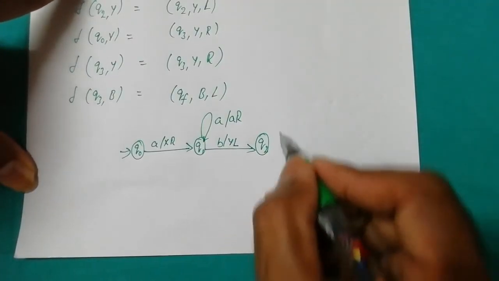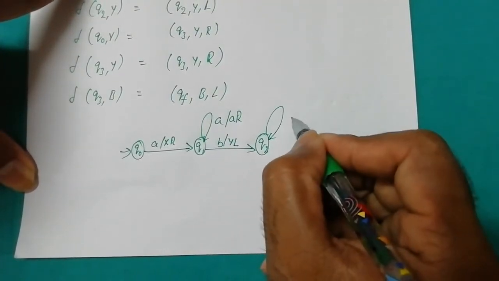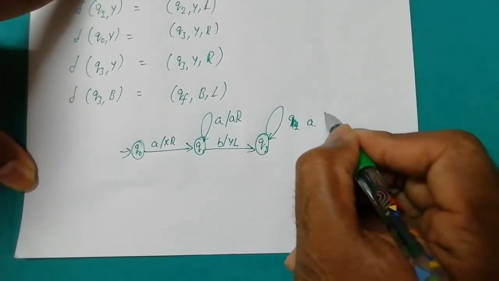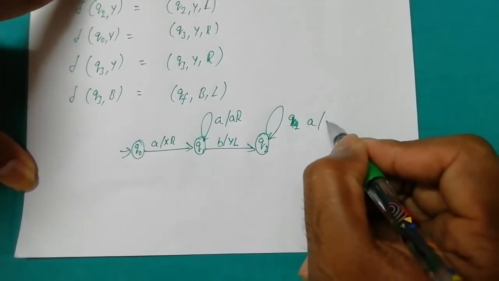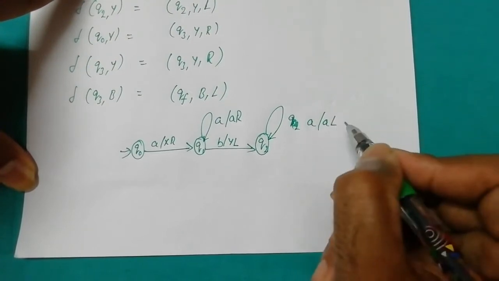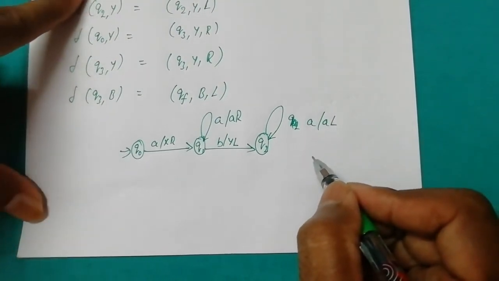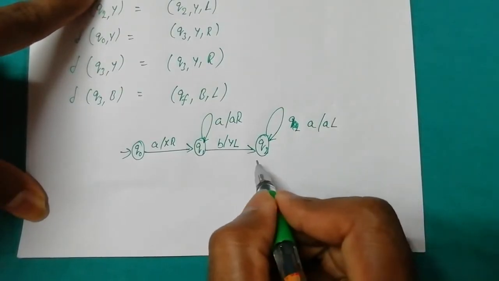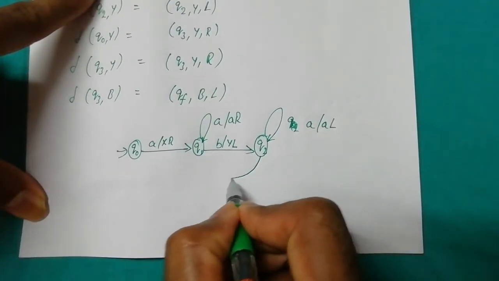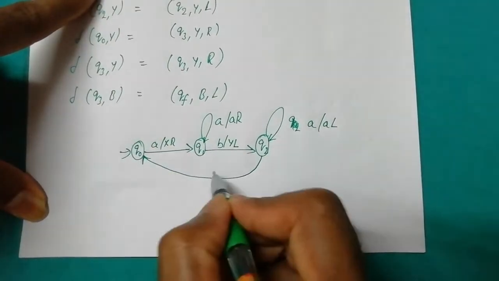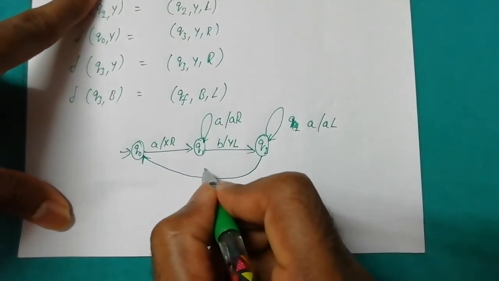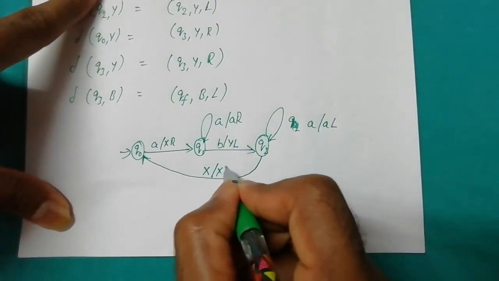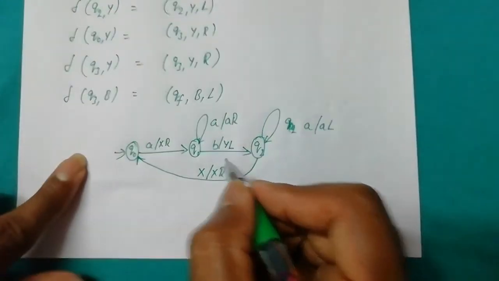Q2 comes across with A, we keep on skipping, we stay in the same state. Whenever it comes across with A, we keep that symbol as it is and we move one cell to the left direction, staying in the same state. Q2 will come across with X, we move to the state Q0, and we keep that symbol as it is and we move one cell to the right direction.